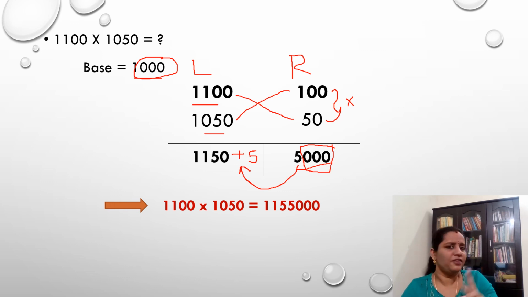But can we go for a number below the base and a number above the base? Yes, we can do it. Next, we are going to see above the base and below the base together, combining both numbers, for example 98 into 102.